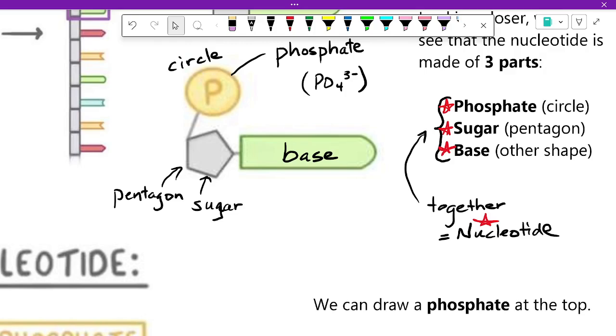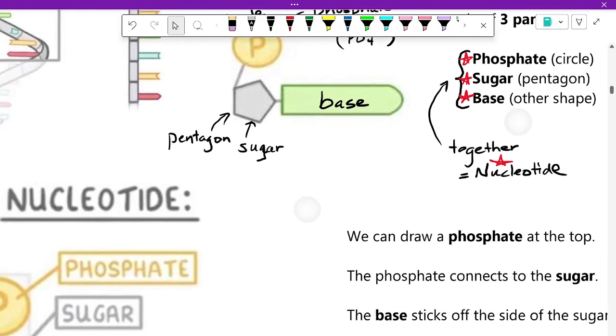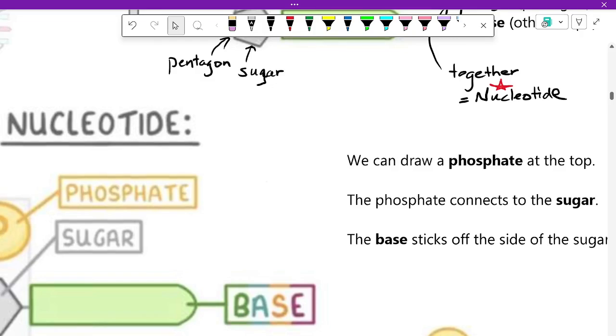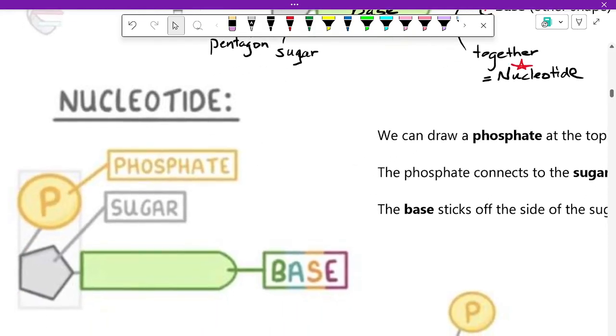Now, we're going to actually do a little bit of drawing here in a moment, but not quite yet. So we usually start with the phosphate at the top. We have the sugar next, and then sticking off the side of the sugar is the base. Okay?